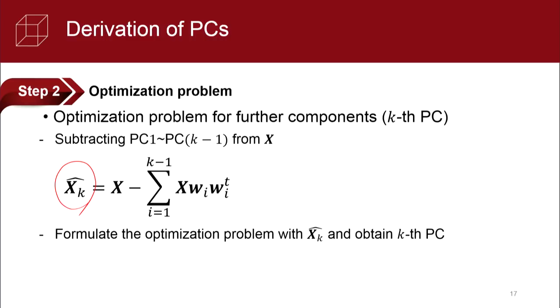By using this flattened data, we solve the same optimization problem with the xk hat: we try to find the unit vector, the unit basis, that maximizes the variance of the projection of the xk hat onto the unit vectors. And that must be the kth principal component.